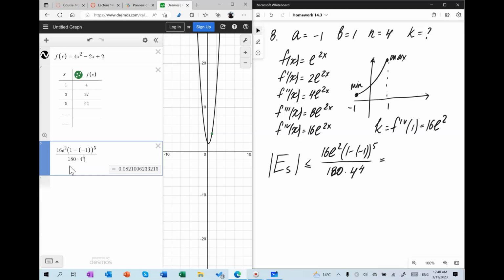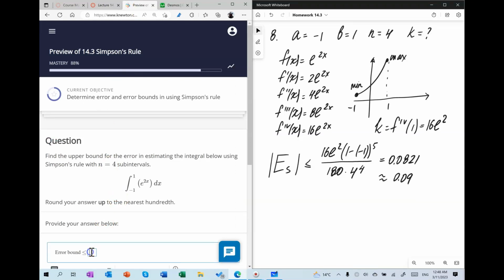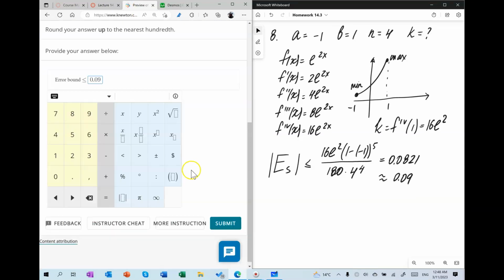So the answer is 0.0821, which is approximately 0.09 if I had to round up to the nearest hundredth.